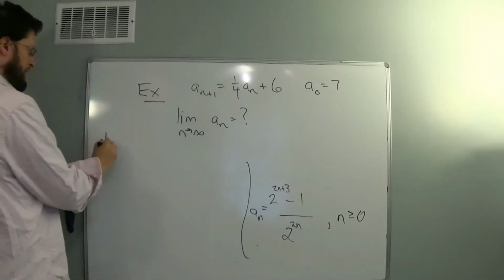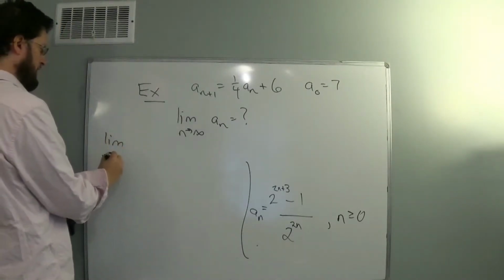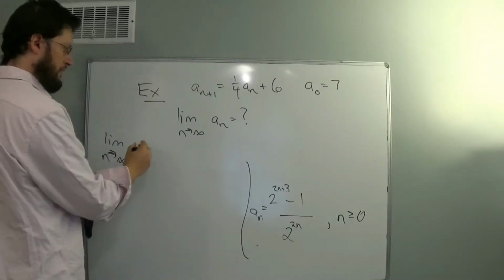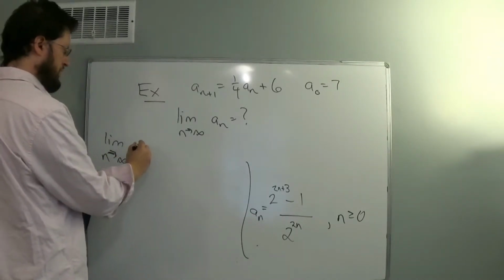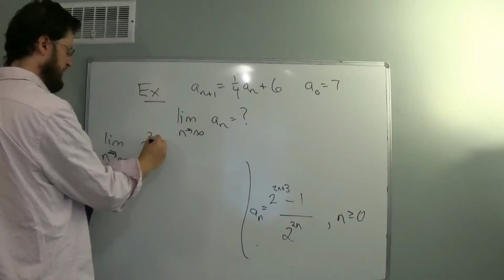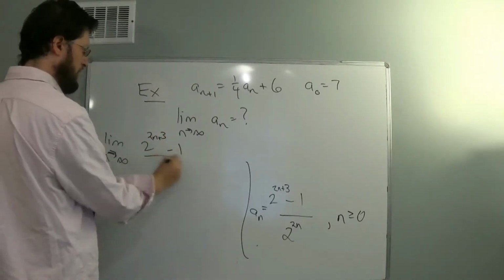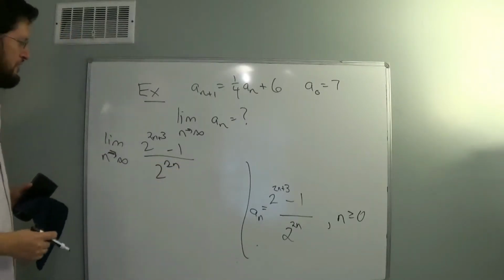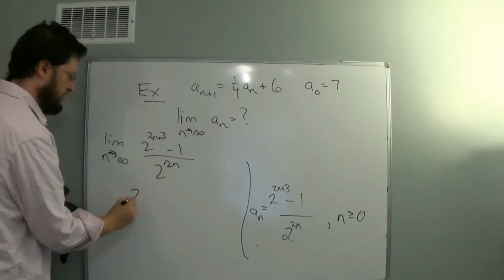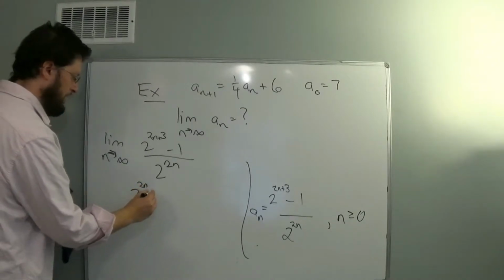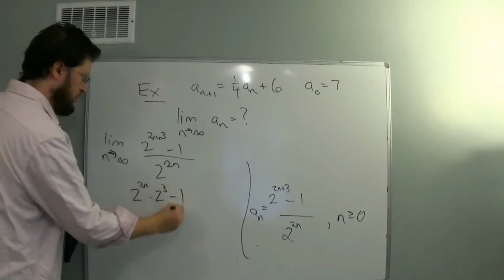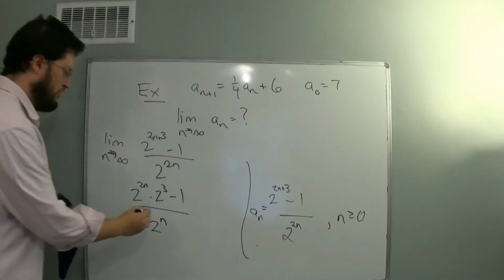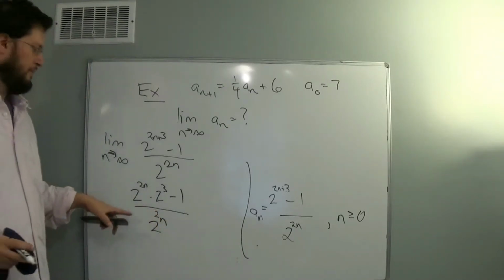I want the limit as n goes to infinity of (2 to the 2n plus 3, minus 1) over 2 to the 2n. Let's just do some algebra. That 2n plus 3, that's 2 to the 2n times 2 cubed, minus 1, over 2 to the 2n. Right, that's how the exponents work.